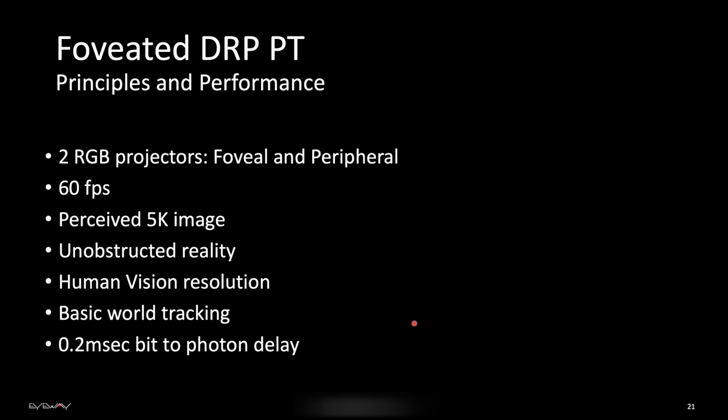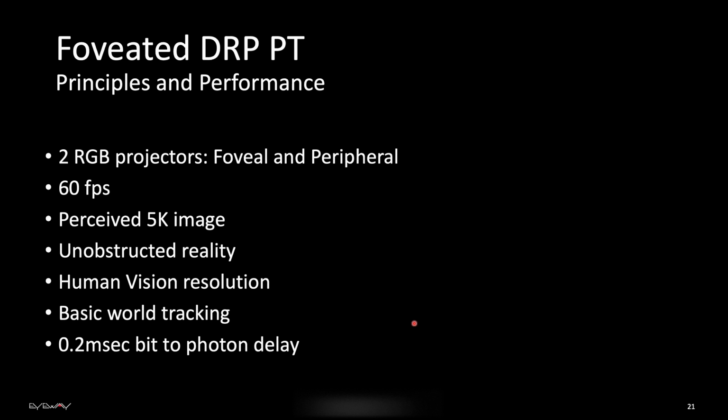The reality is unobstructed simply because it's just a piece of glass, and it's very large in reference to the eye, just like your normal glasses. Your normal glasses do not obstruct the reality at all. It provides human vision resolution. The 1 arcminute is very, very important. It has a basic world tracking, which is what we're using right now.